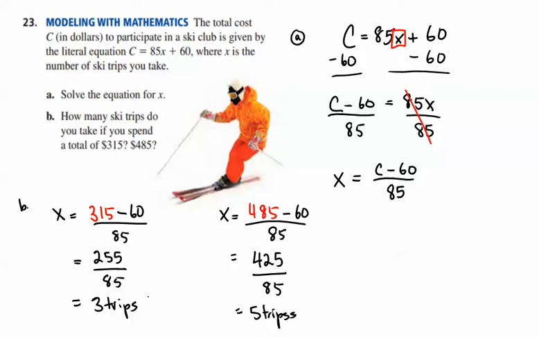So the first one is 3 trips for $315. The second one is 5 trips for $485. And that concludes this problem.